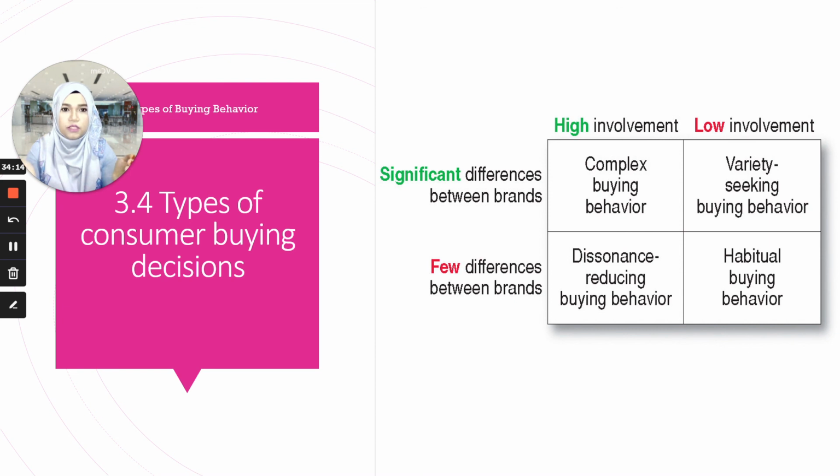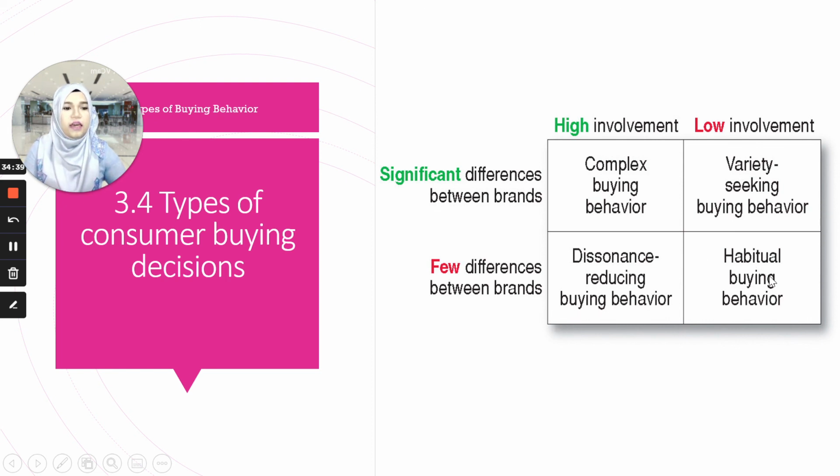You might ask your sports science students, perhaps your uncle, your auntie, your brother, or your best friend what type of shoes they wear before you decide to buy your own running shoes. So Nike and Adidas, perhaps that is your dissonance reducing behavior.